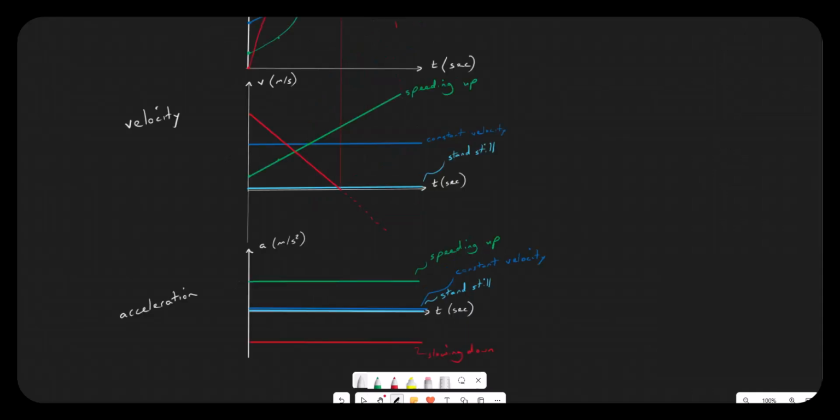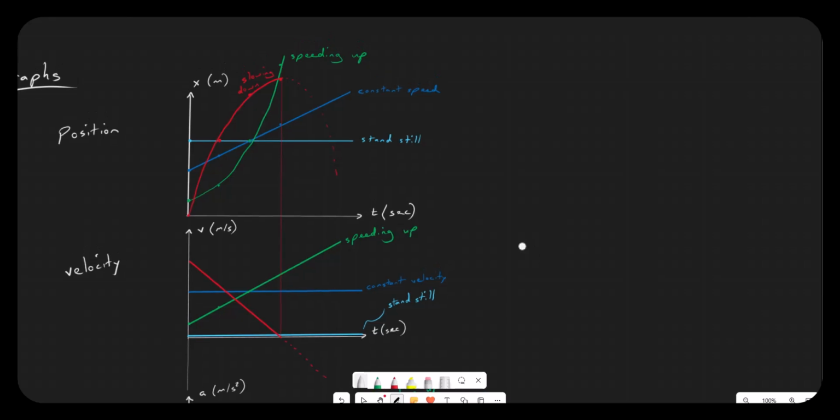I do want to give you a bit of a way to remember these too. So assuming that we're looking at constant acceleration, and like I told you, we're going to be in this course unless I very, very specifically tell you otherwise. We have a position function that looks like this: x initial, v initial t, half a t squared.